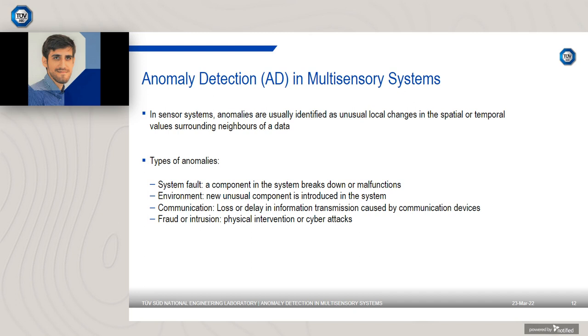We may have different definitions. For instance, we have an environment anomaly when the state of the environment changes or a new component is introduced, or even when a highly unusual event occurs, such as a natural disaster. In a system fault or hardware fault, we have anomalies that are generated by a component of the system malfunctioning or breaking down.